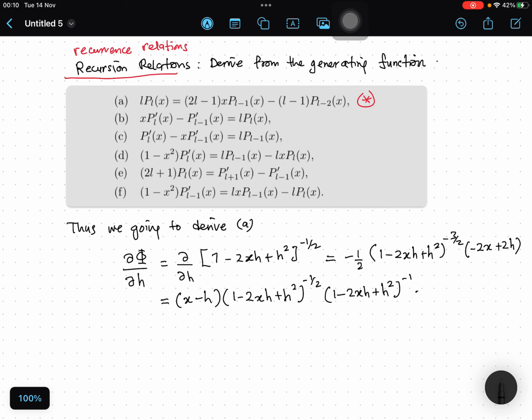Okay, and you notice that this is actually your phi of x, h. Therefore, you can write x minus h times phi of x, h, but because of this minus 1, you can bring it on the left hand side. So you have 1 minus 2xh plus h squared multiplied by that. Okay, so you prove this first.